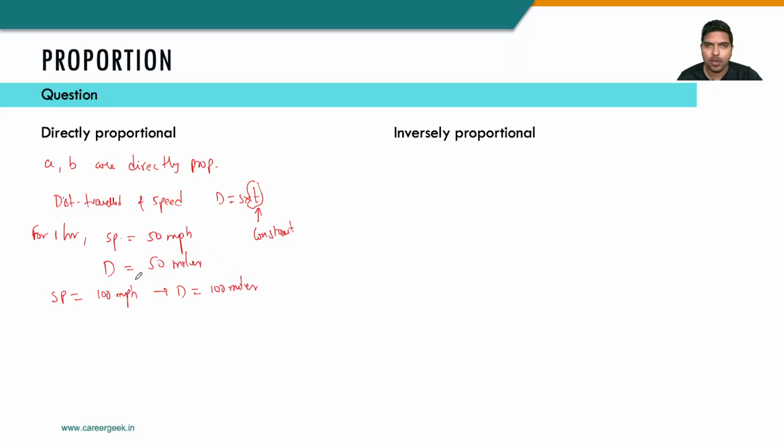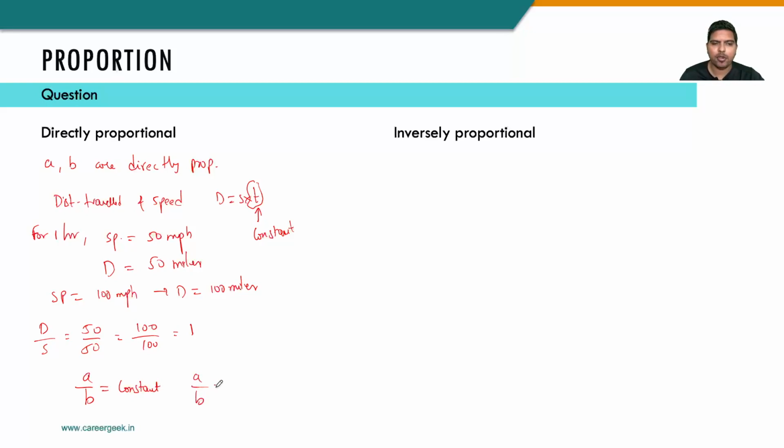Now here, if you observe the ratio of distance and speed, be it 50 upon 50 or 100 upon 100, the ratio will always be equal. So directly proportional is similar to the normal proportion, where if two quantities are given, their ratio is always a constant.